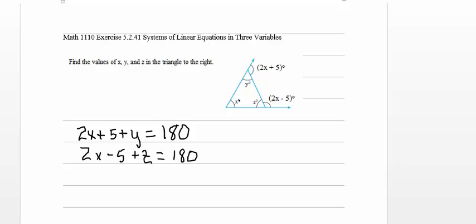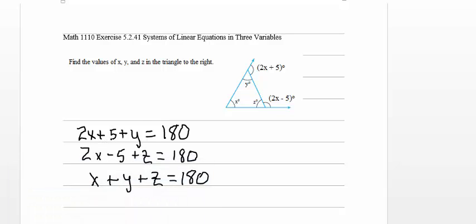And then, as you know, the three angles of a triangle, x plus y plus z, have a sum of 180. So those are actually our three equations.